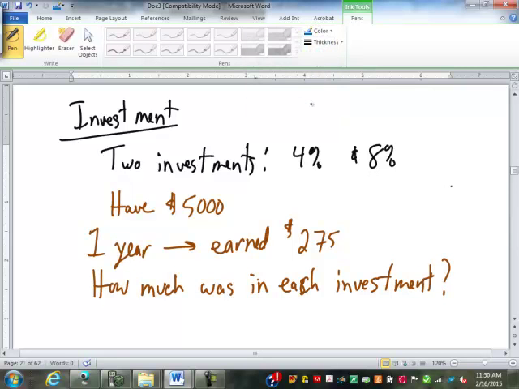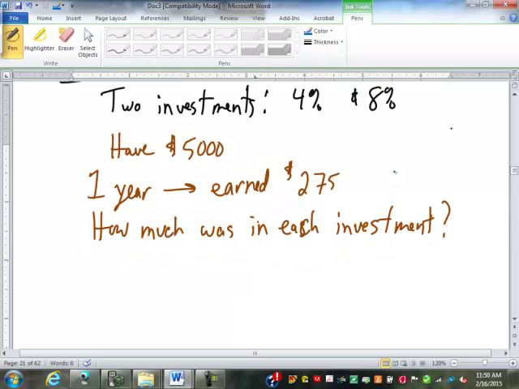This problem looks way different than our solutions problem, but it's exactly the same. We're basically mixing our investment percents. We're mixing a 4% with an 8% to get a result that is an unknown percent. But that's okay because we have the actual amount of the resultant. Over here, we don't know how much was invested, so we'll let X be the amount invested in the 8%.